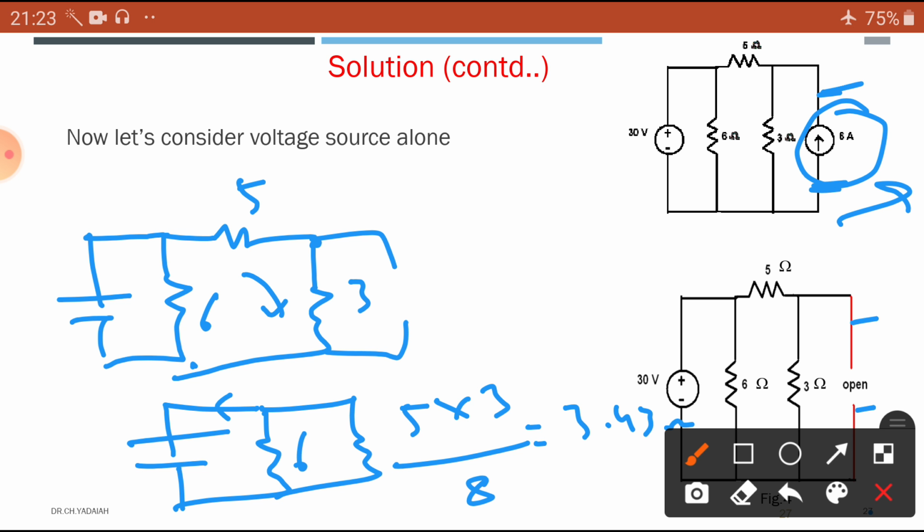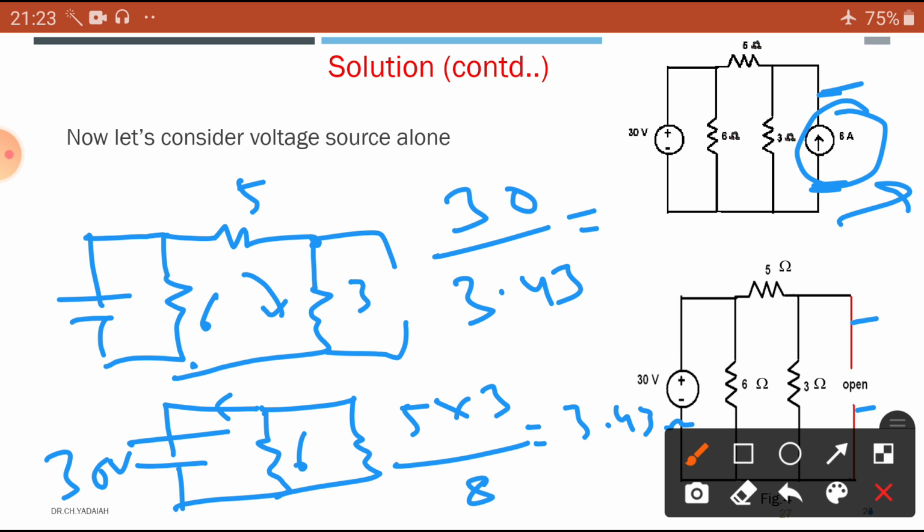So let us do it. After knowing the resistance, we know the voltage is 30 volts. Now voltage is 30, resistance is equal to 3.43. Then we are going to find the current. What is the current? We are going to get the current equal to 8.75 amperes.